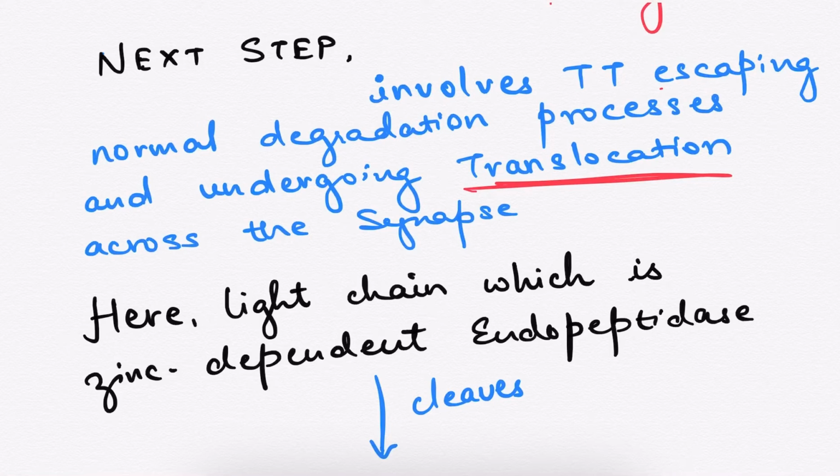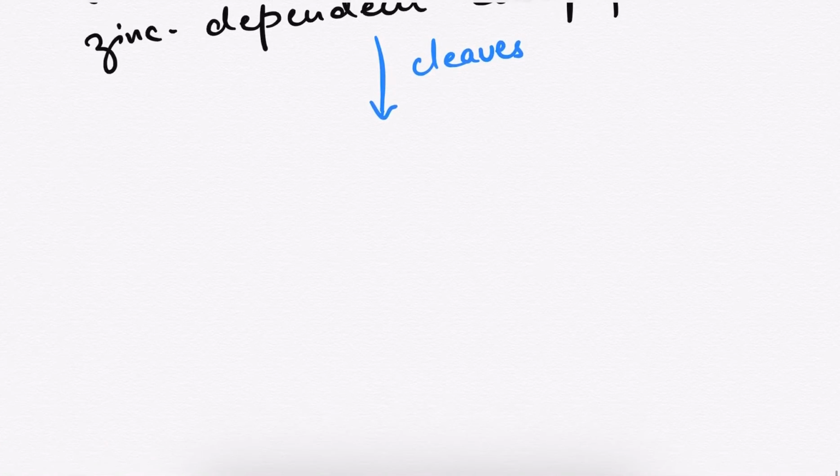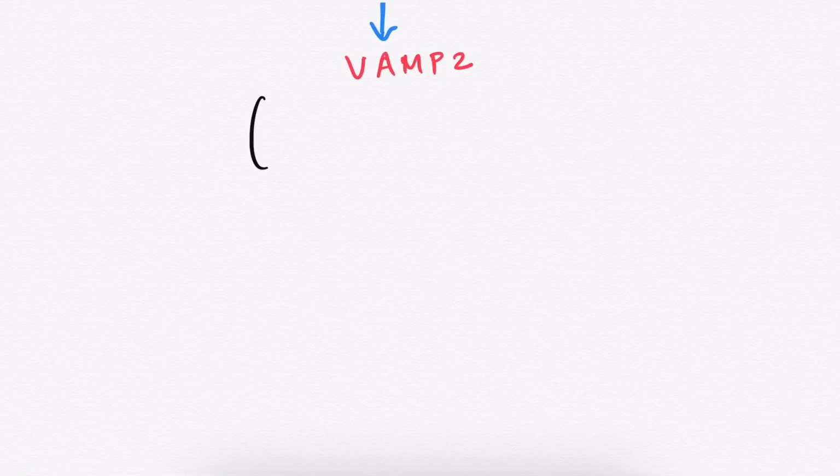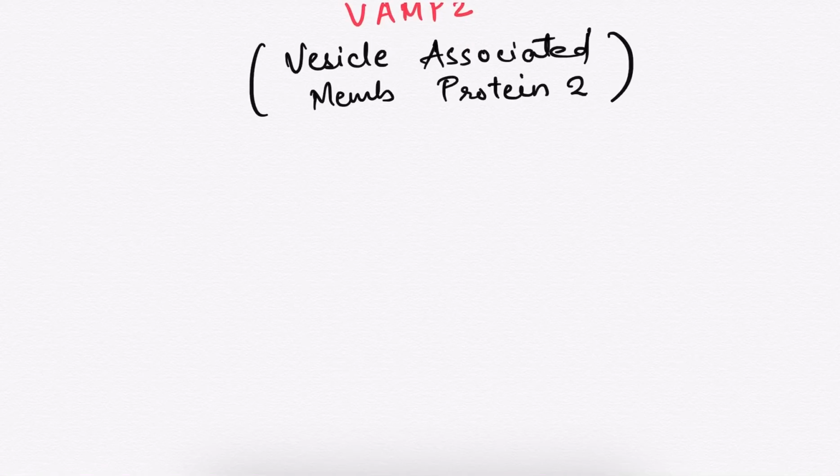Here the light chain, which is a zinc dependent endopeptidase, cleaves VAMP2, the vesicle associated membrane protein 2, which is also known as synaptobrevin.